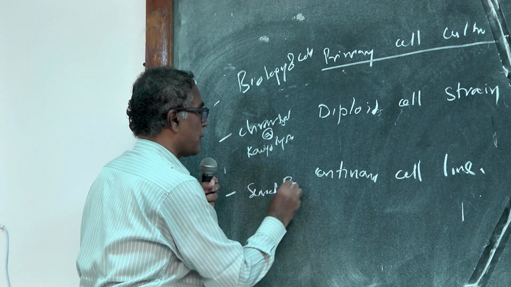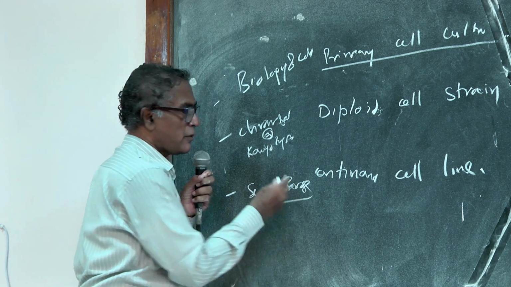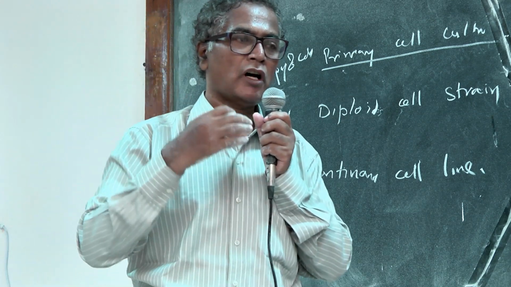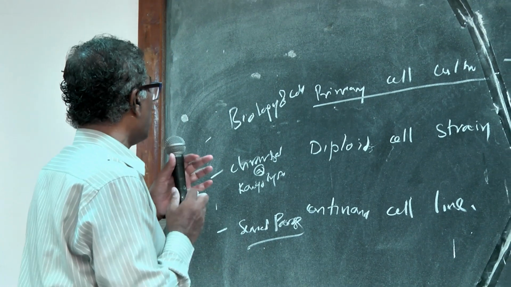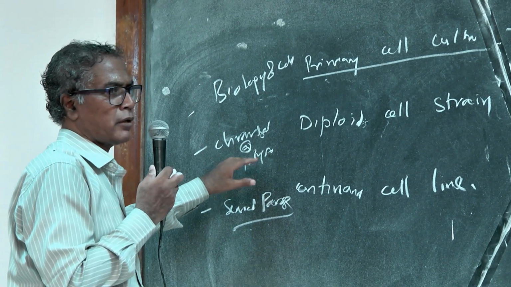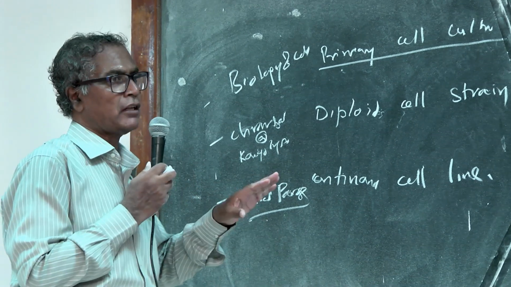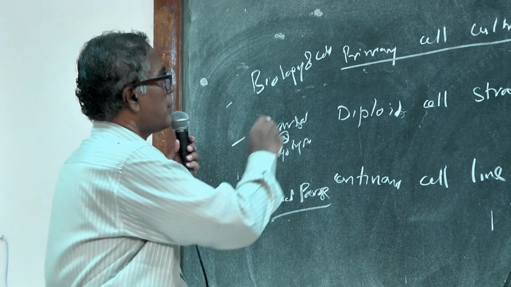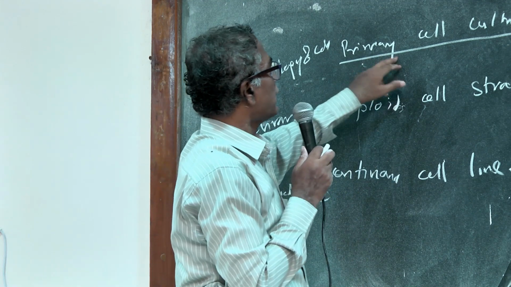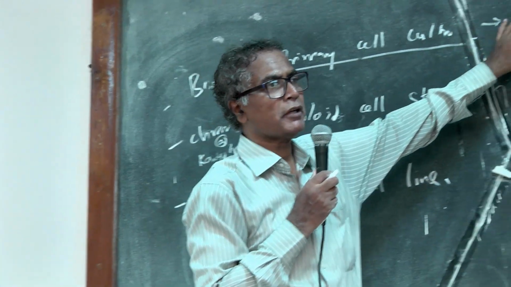Permission means: is continuous serial passage possible, or not at all possible, or is limited serial passage possible. So in the primary cell culture, freshly prepared tissues are taken.